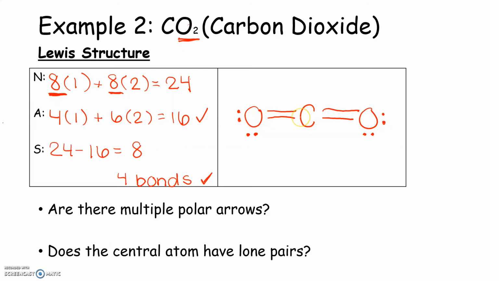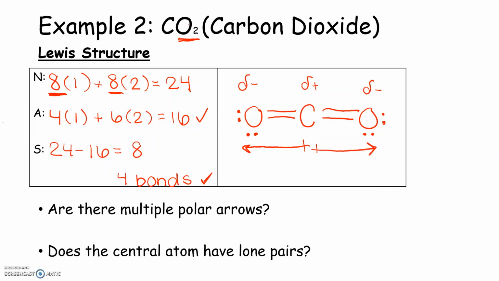It's carbon and oxygen, so it's not diatomic, which means it is a polar bond. In this case, oxygen is more electronegative than carbon, so the dipole arrows are going to go towards the oxygens. And I have 2 dipole arrows going towards each oxygen.